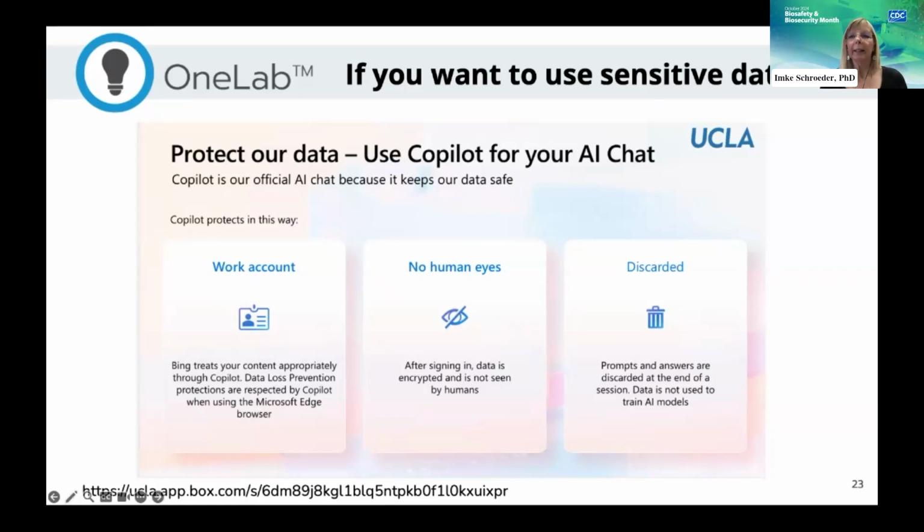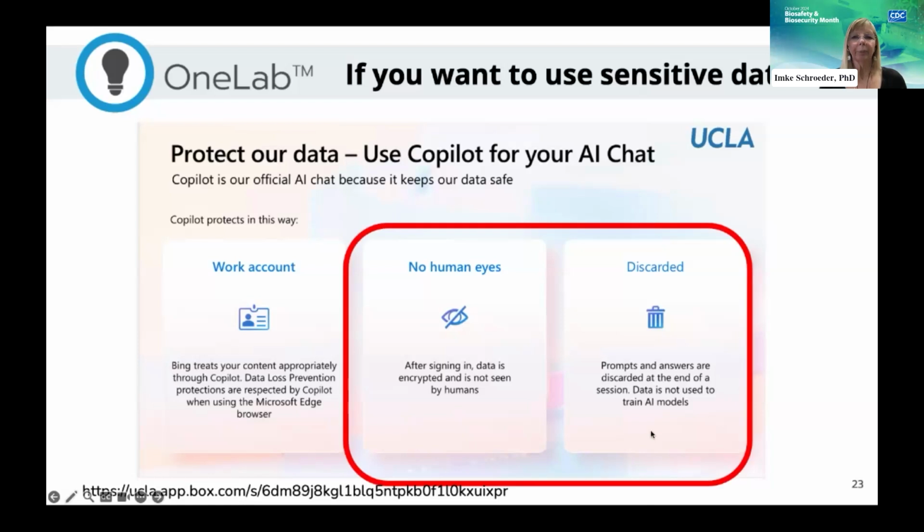And so this slide was taken from UCLA's website to train users on the application. And it's important to note that Copilot encrypts data that are inputted and also deletes all data after the session is complete. So the data are not being used for training the chatbot.